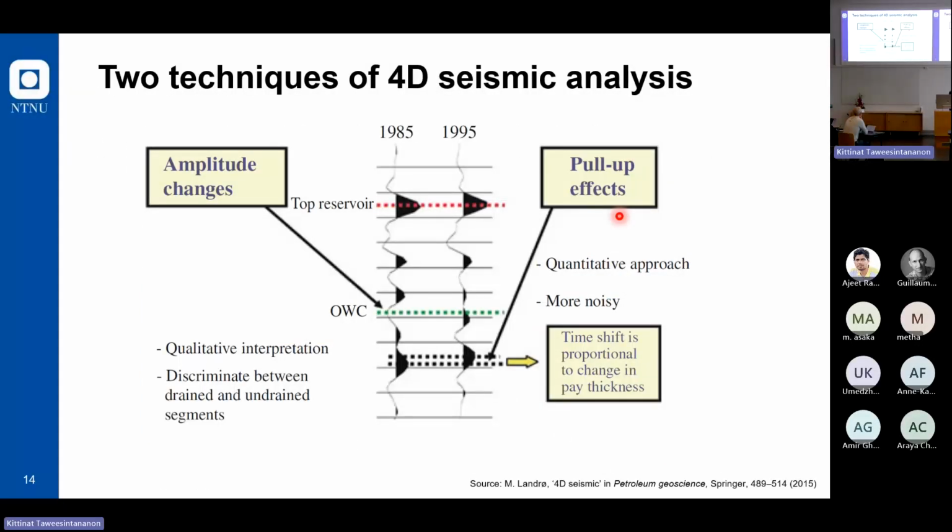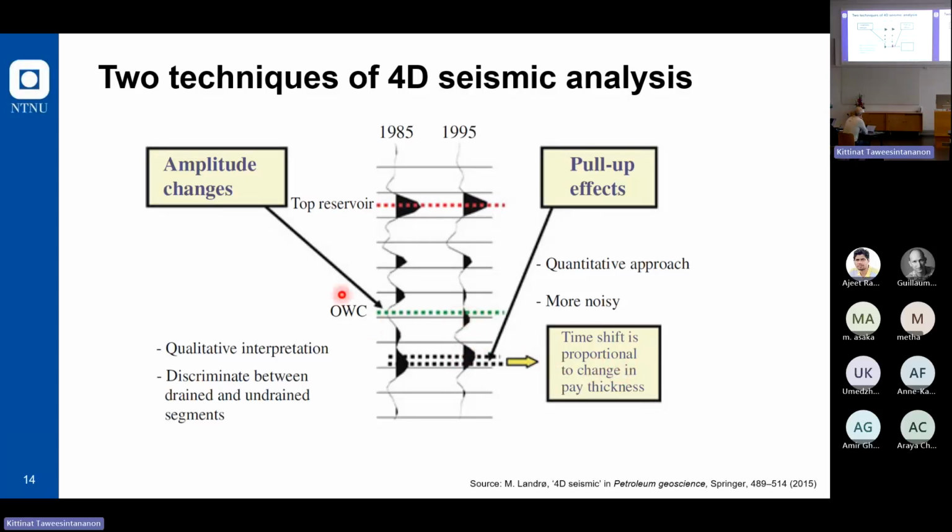To illustrate clearly, there are two techniques for seismic analysis. The first one is to determine the amplitude changes of the seismic reflection. Another one is to characterize the time shift of the seismic events. This time shift is normally proportional to the change in the layer thickness above.